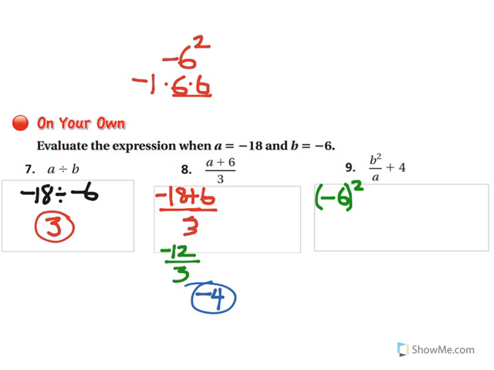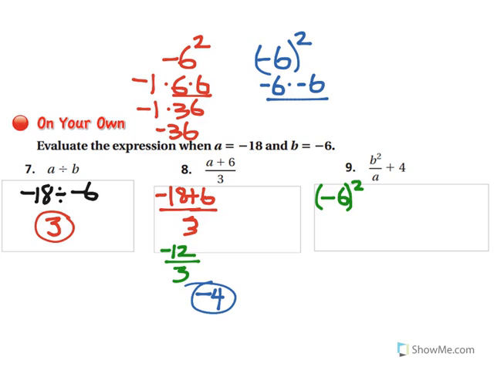So 6 times 6 is 36 times -1, which gives us -36. Now, if we have -6 in parentheses squared, that is -6 times -6, which would get us positive 36. Even though they look very similar, you get different answers. Sometimes you get the same answer, sometimes you don't, so you have to follow the rules all the time so you're always getting the correct answer.